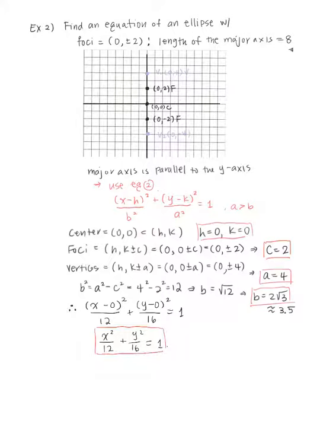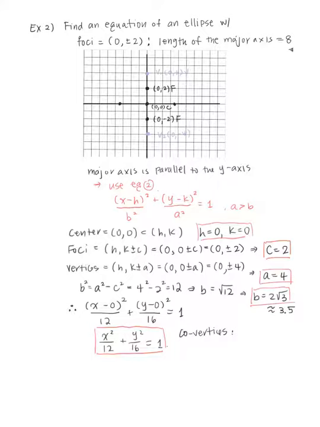Now let's go with the co-vertices. To find the co-vertices, from the center, you're going to have to go approximately 3.5 units to the right and the left. So let me just plot that point. 1, 2, 3, maybe like right here. Okay, is that 3.5? 1, 2, 3.5-ish?